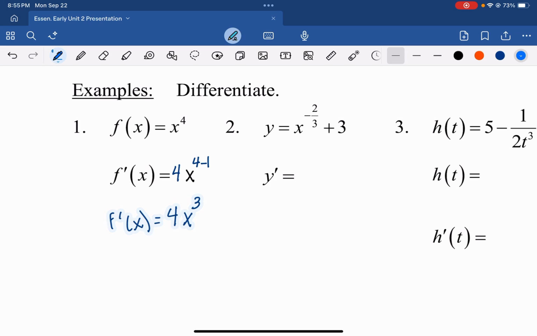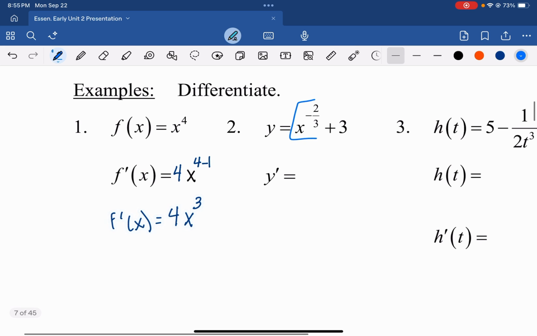Okay, number 2, I've got y equals x to the negative 2/3 plus 3. So I'm going to take the derivative of each piece. Piece 1 is my x to the negative 2/3. I drop that power, so it's my coefficient, x, and then I'm going to have negative 2/3 minus 1.